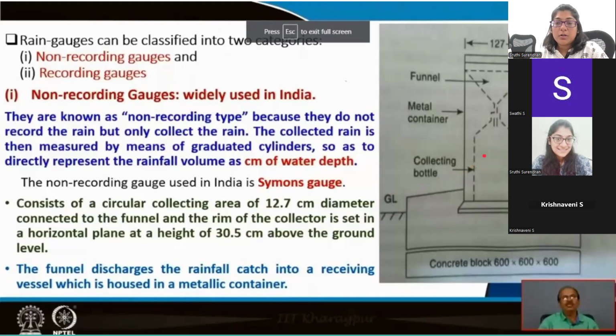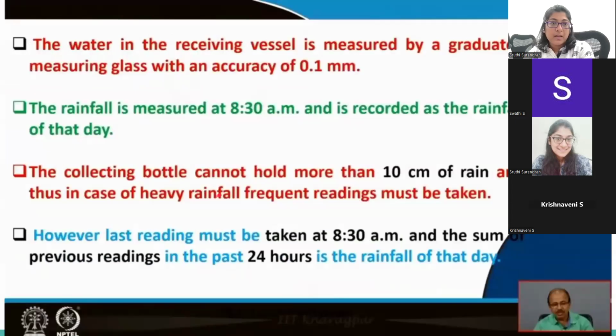The water from the collecting bottle is transferred into a graduated cylindrical measuring jar, and the rainfall is measured manually. So this is called a non-recording gauge, the Symons gauge, which is used in India.